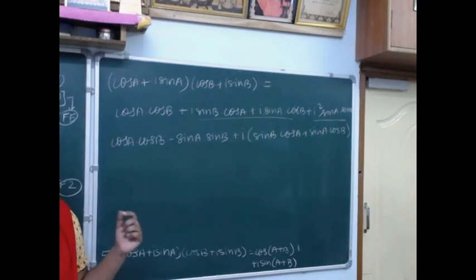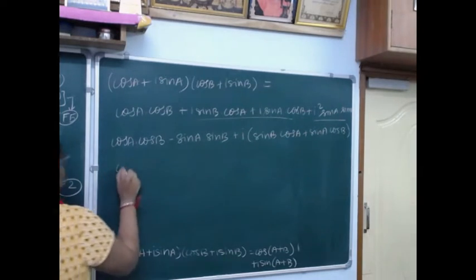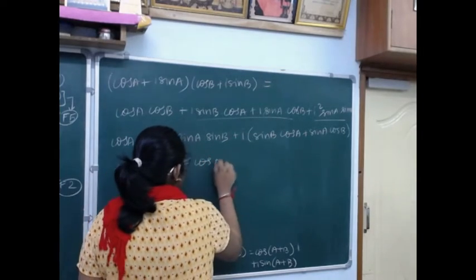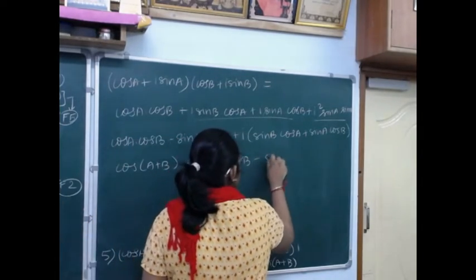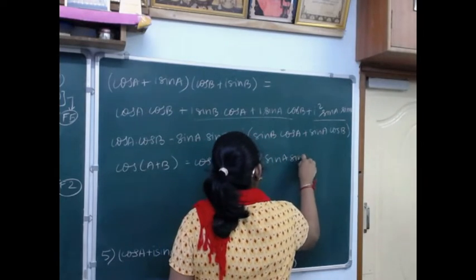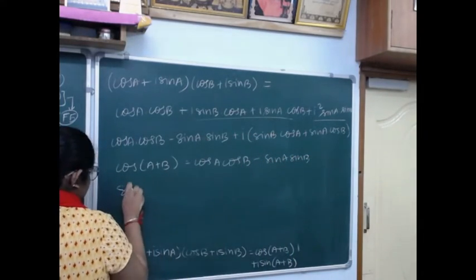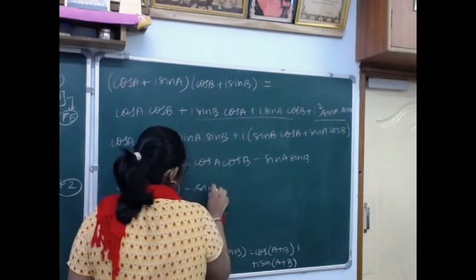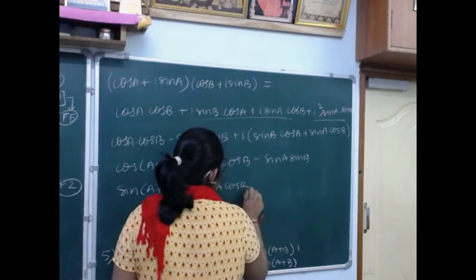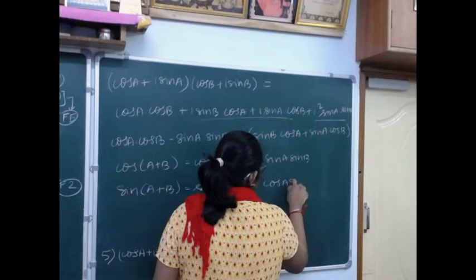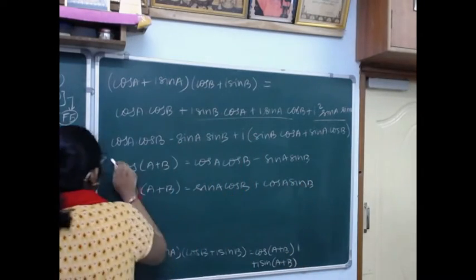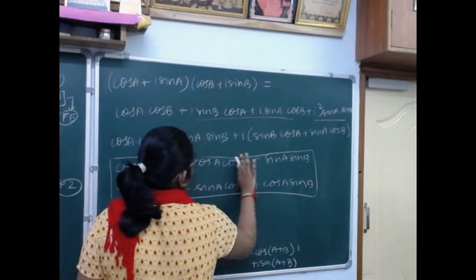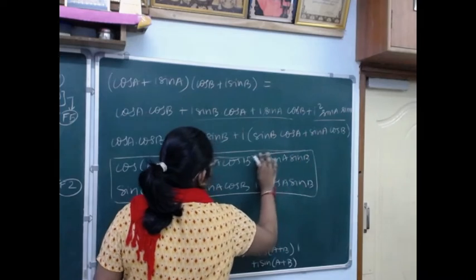This resembles the trigonometric formula: cos of (A + B) is equal to cos A cos B minus sin A sin B. The next formula is sin of (A + B), which gives sin A cos B plus cos A sin B. So we can use both these trigonometric formulas in this question.